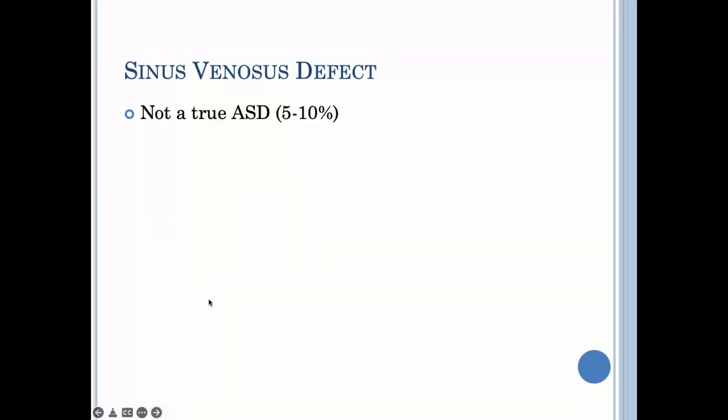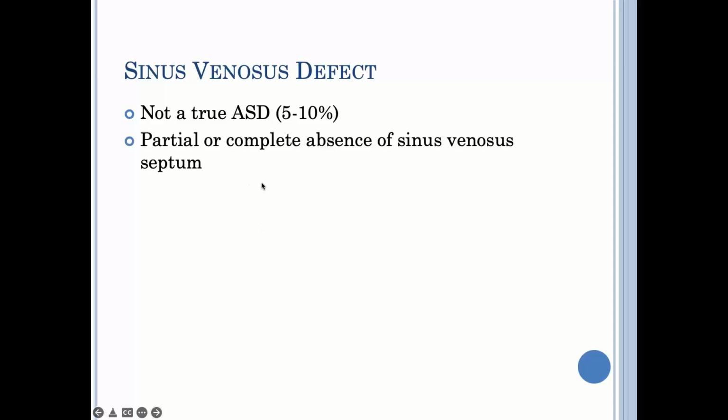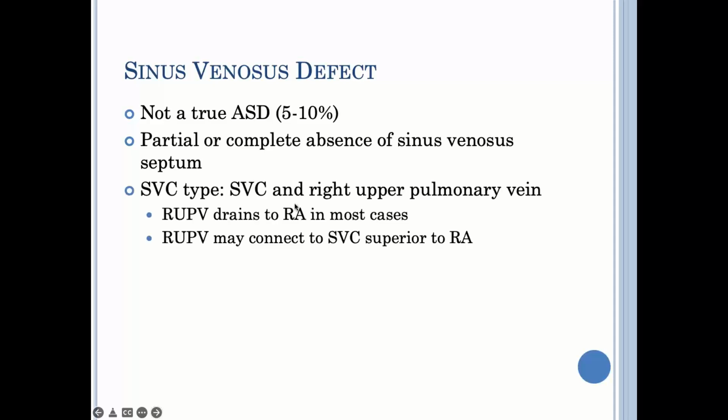Next one is sinus venosus defect. It occurs about 5 to 10% of the time. It is technically not a true ASD, and there is partial or complete absence of the sinus venosus septum. There are two different types, as I mentioned earlier. It could be an SVC type or IVC type.